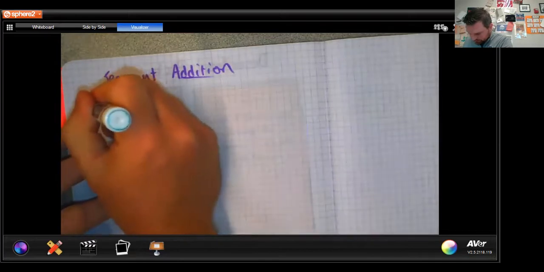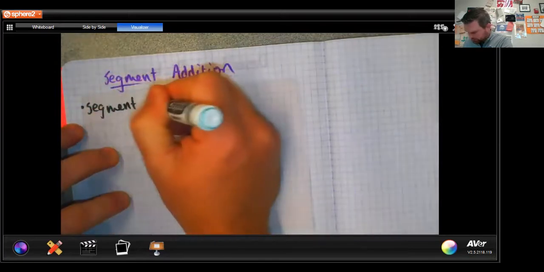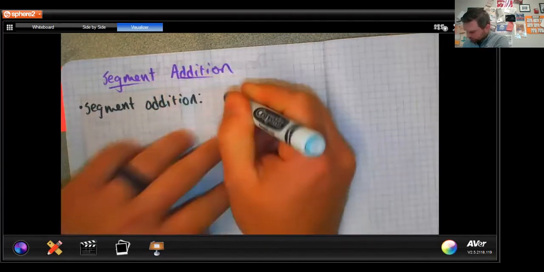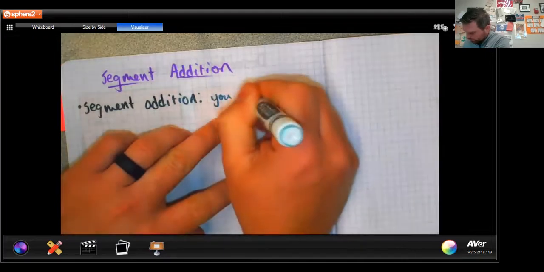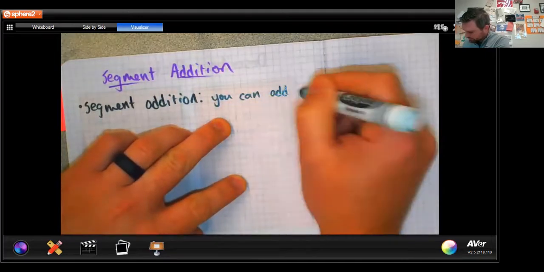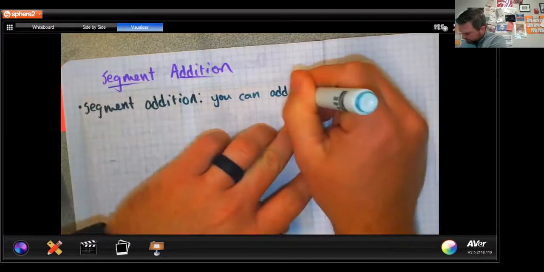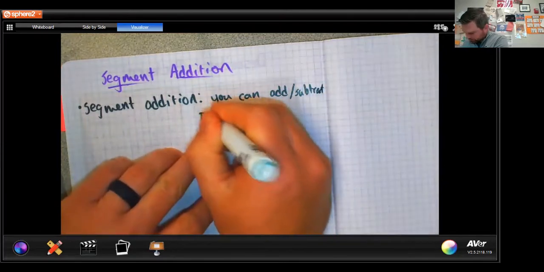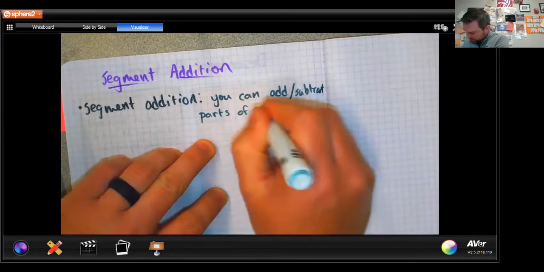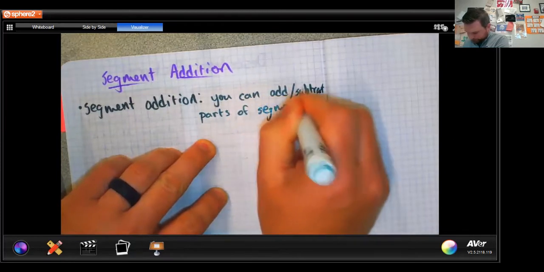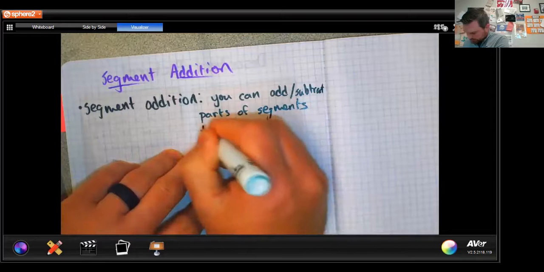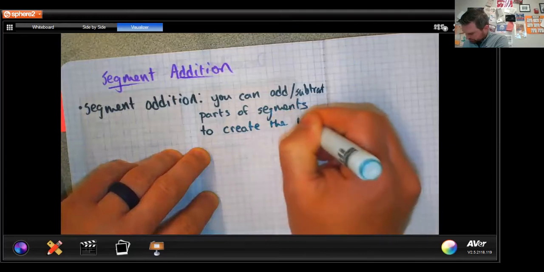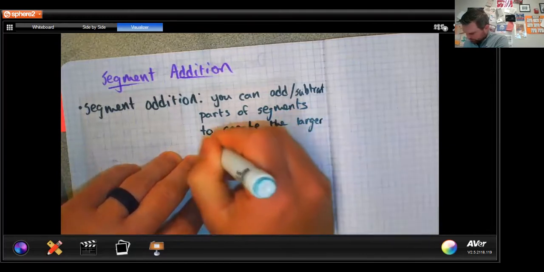Segment addition: you can add or subtract parts of segments to create the larger segment.